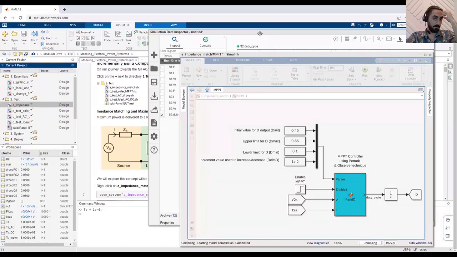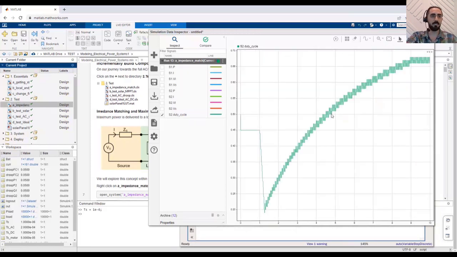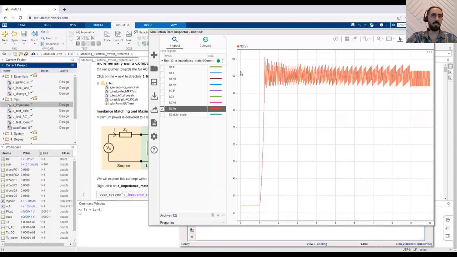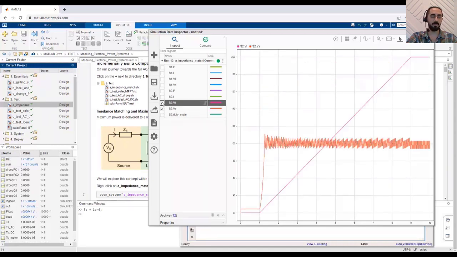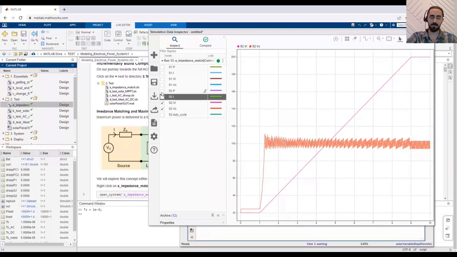Now I'm going to go back to the data inspector, and you see it's a little bit noisier because of that bigger step. Certainly we see it in the source voltage. But still, we are tracking the maximum power point with higher fluctuations, with bigger jiggles.